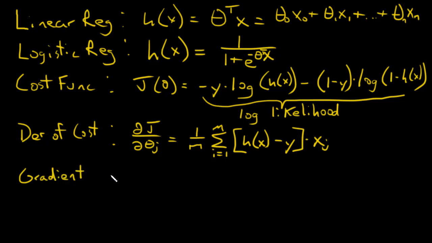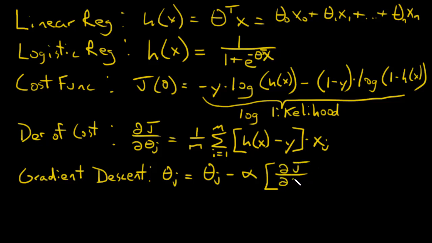Gradient descent is where we change all of our theta values, our parameters. So theta sub j gets theta sub j minus alpha, our step size, times the derivative of the cost function.